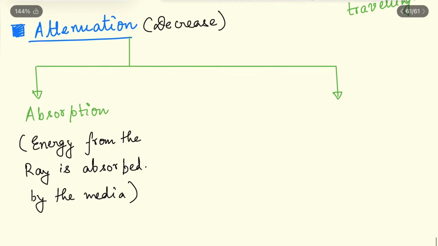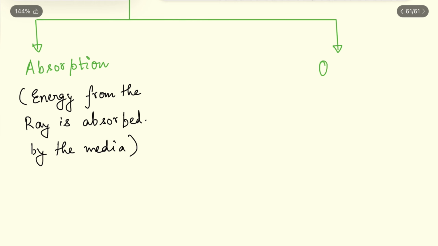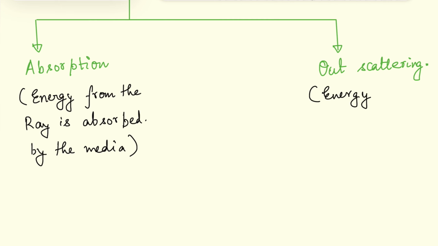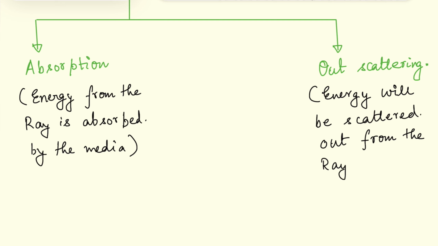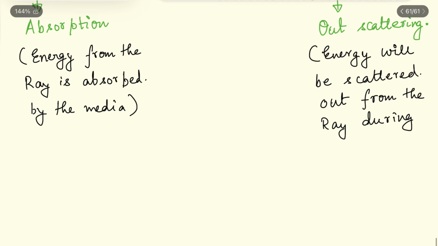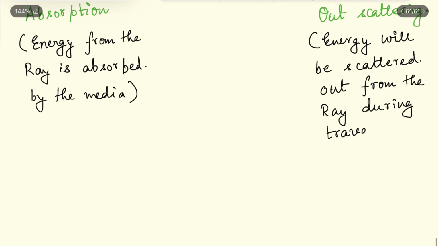Another is out-scattering. Here energy will be scattered out from the ray while traveling through the media.